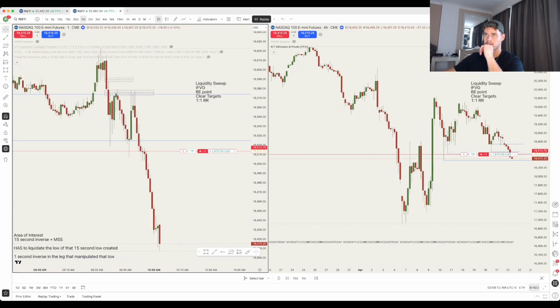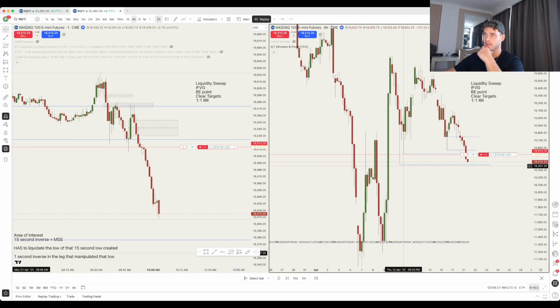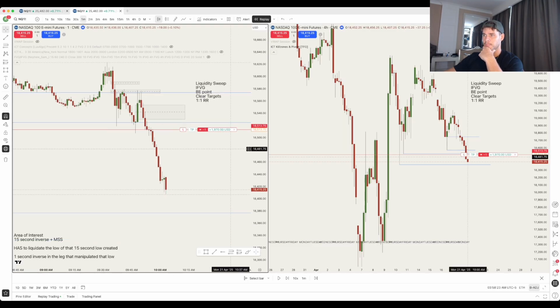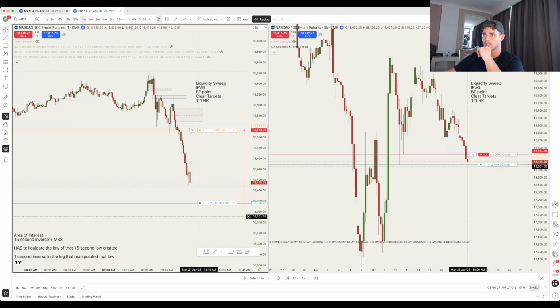The inverse was here. And then targeting this last 4-hour candle wick, which I think at this point is going to hit.